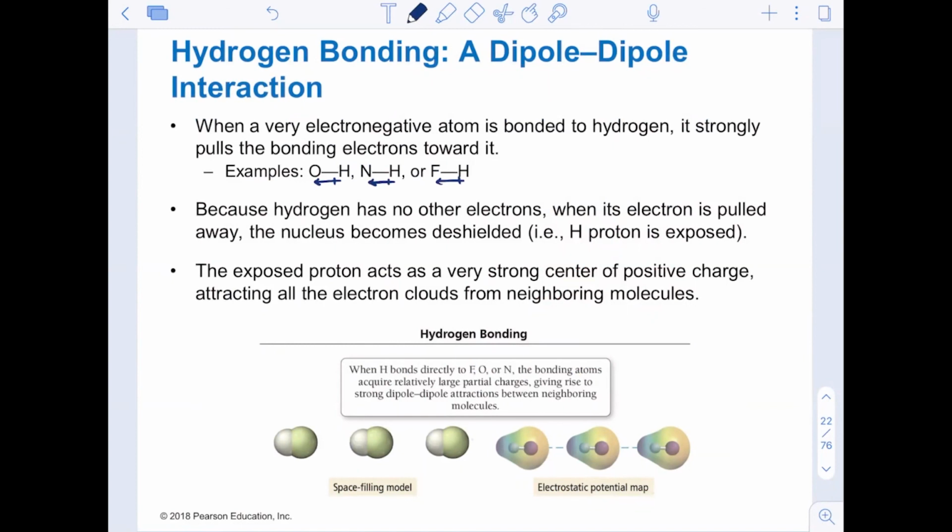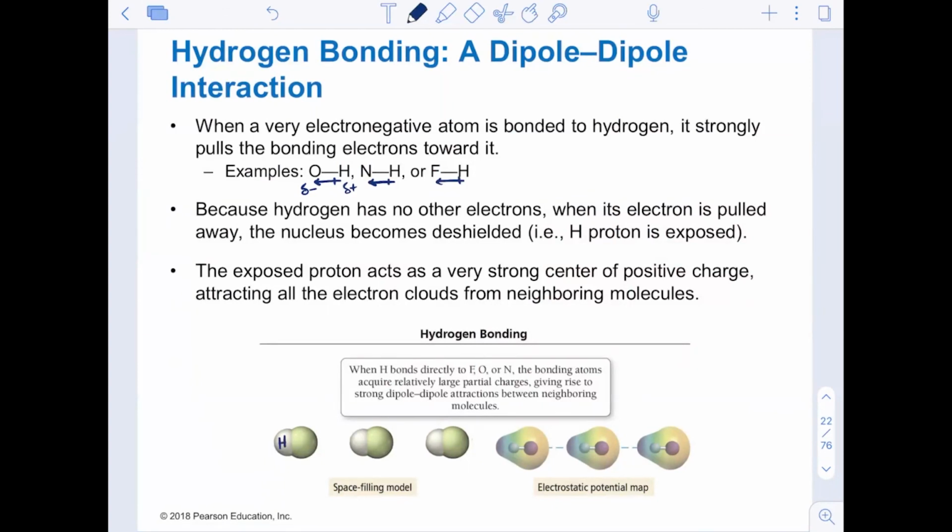Because hydrogen has no other electrons, when the electron density is pulled away, the nucleus is really de-shielded. That means the hydrogen nucleus, the proton, is very exposed. And so that de-shielding creates a very special delta plus to the delta minus. That exposed nucleus acts as a very strong center of positive charge.